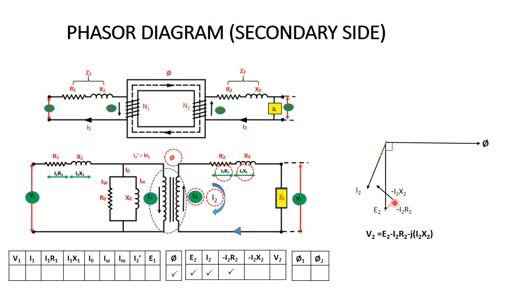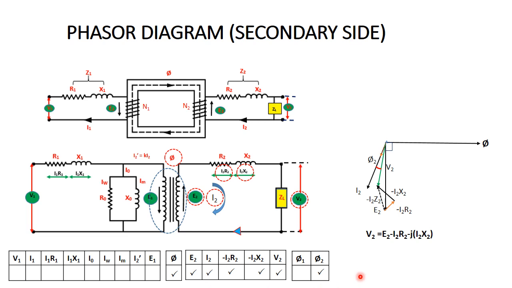The resultant vector of this I2 R2 and I2 X2 will be minus I2 Z2. If we join the origin to this I2 Z2, we can get V2. The angle between I2 and V2 is angle phi 2. In this way, we can form all the terms related to the secondary side.